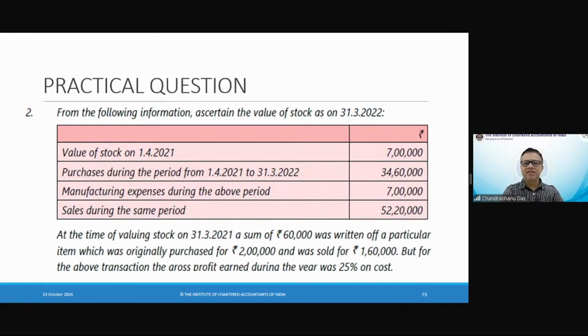Now, with this information in the table about the value of the stock, purchases, manufacturing expenses, and sales, I would like to ask the class: what is intended to be calculated in this question, the opening stock or the closing stock? Who can answer? What am I intending to calculate, the opening stock or the closing stock?